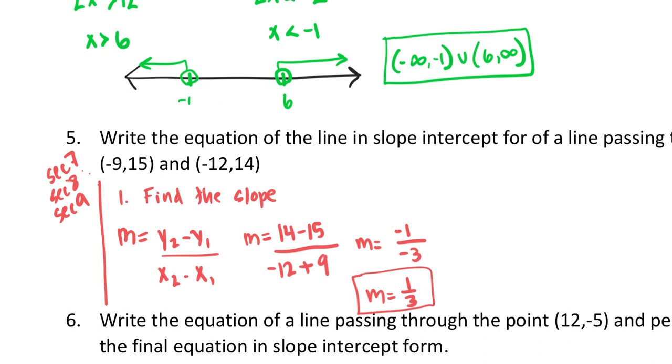Now, the second thing we do when we're writing the equation of a line is that we need to find the formula in point slope form. So I'm going to pick the point negative 9, 15 because the numbers are a little smaller. So y minus y1 equals my slope times x minus x1.